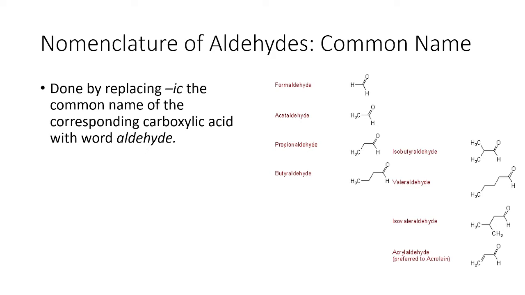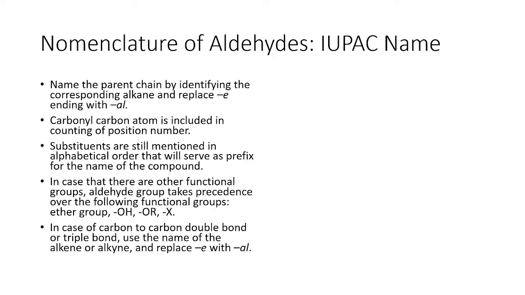So for the IUPAC name, ito yung medyo mas madali na portion ng pagpapangalan ng aldehydes natin. Kasi by pagpapangalan, if you already mastered how to name our alkanes, alkynes, and alkenes, and other functional groups, magiging madali na lang to.